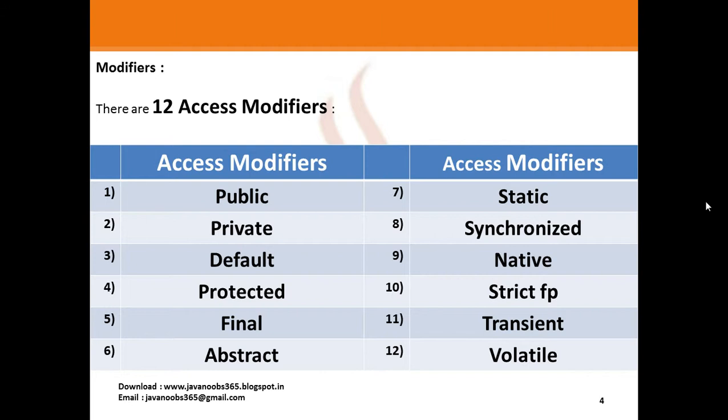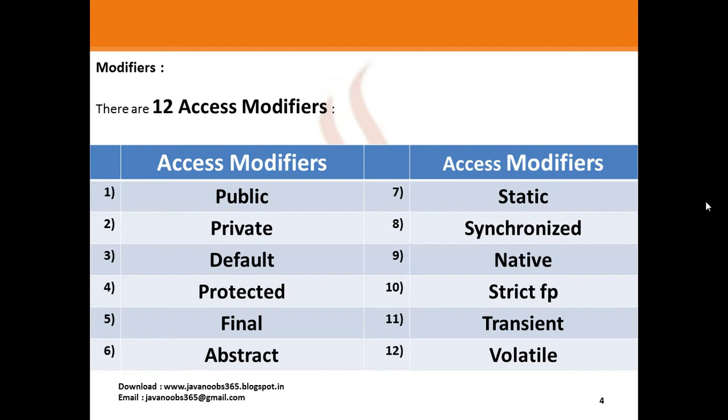But if anybody asks you, please tell them that there are 12 modifiers and list them out as follows: public, private, default, protected, final, abstract, static, synchronized, native, strictfp, transient, volatile.